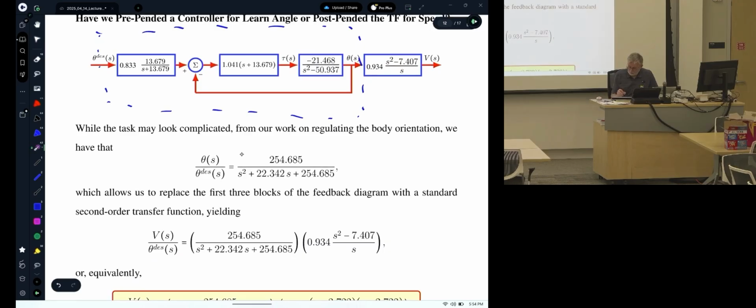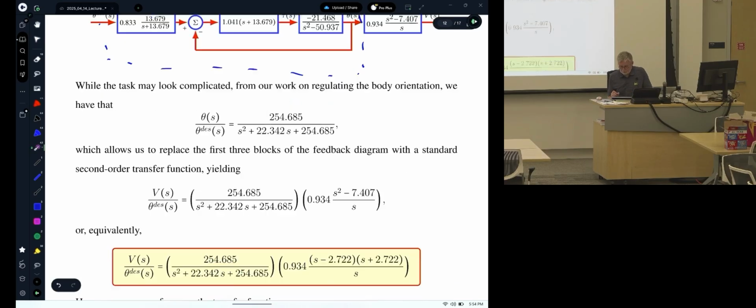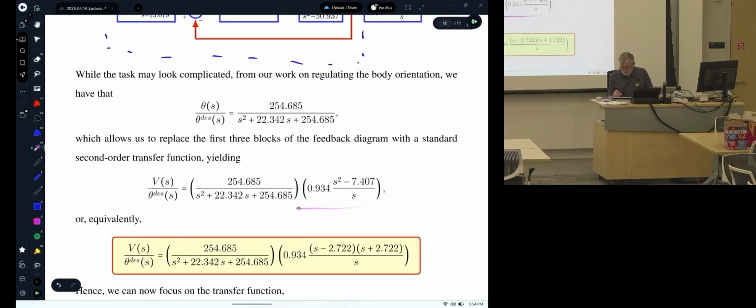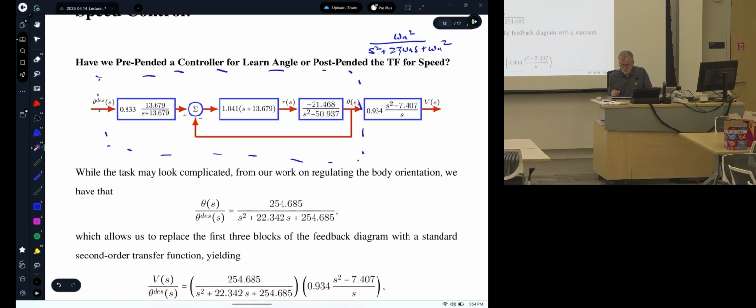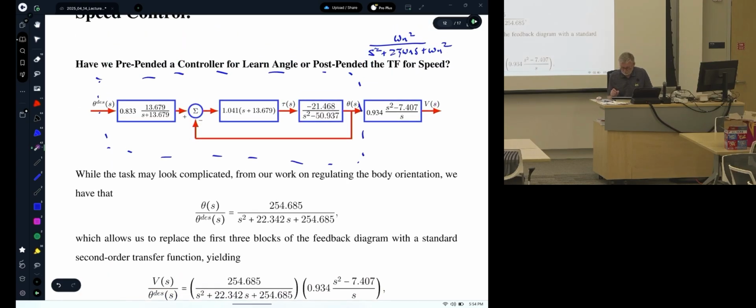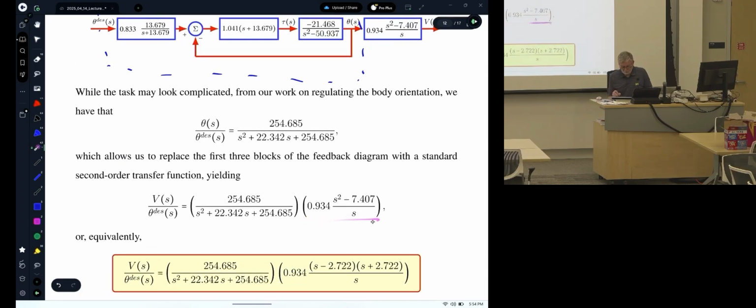So theta of S over theta desired is omega n squared over s squared plus 2 zeta omega n s plus omega n squared. And so the transfer function from theta desired to V of S, you simply multiply by the transfer function that goes from theta of S to V of S. And we put it here.